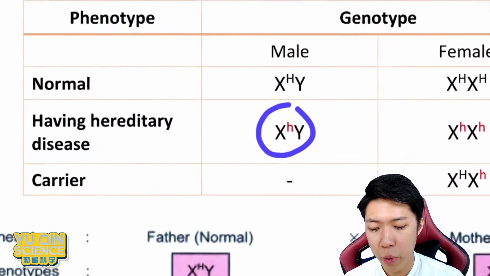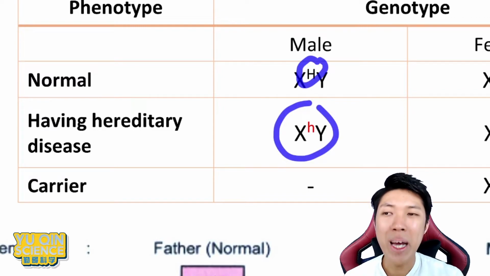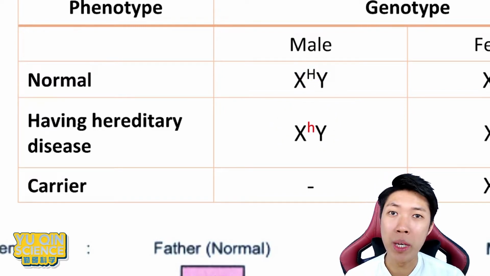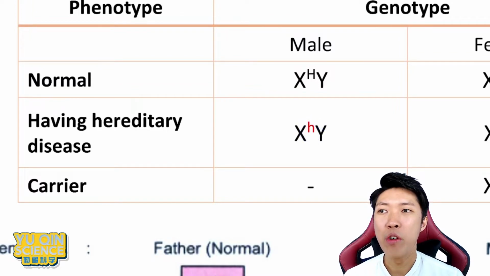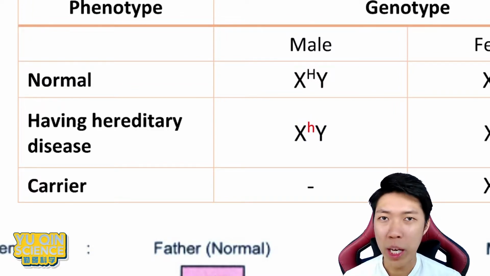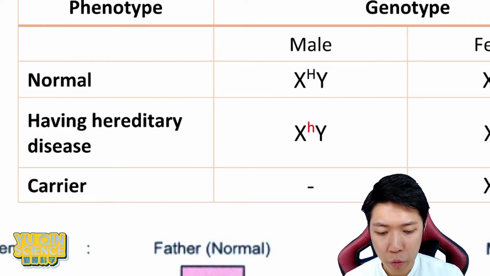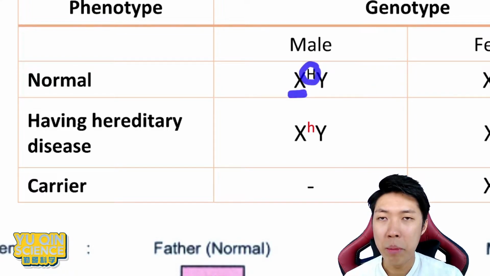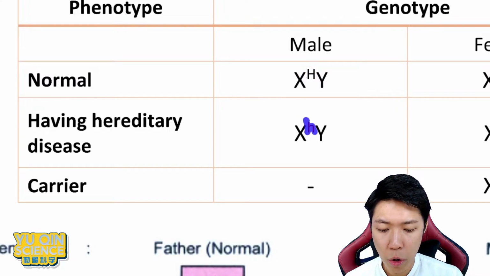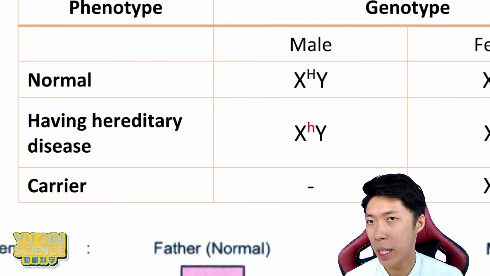Okay, so how do we represent? We use big H to represent dominant, means okay. Small h represents recessive, means not okay, means having the disease. So writing the big capital H with the X means okay. Writing the small h means not okay, means having the disease.